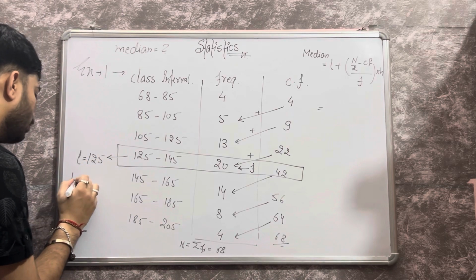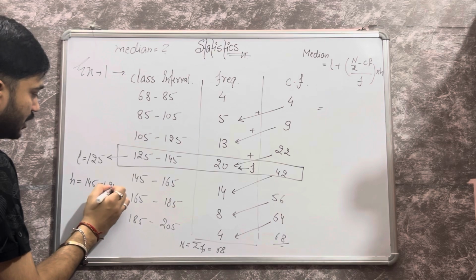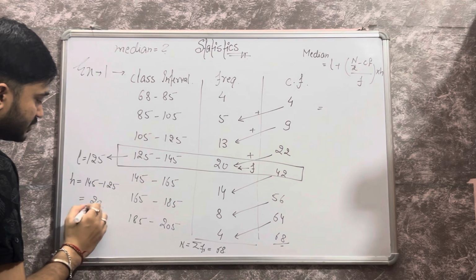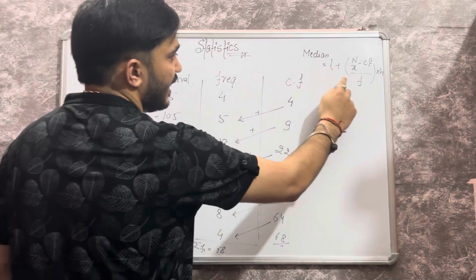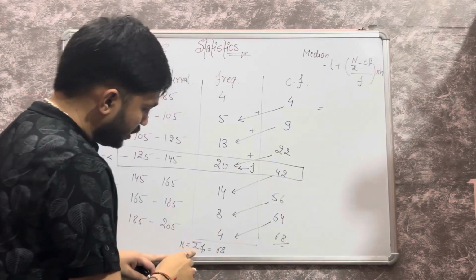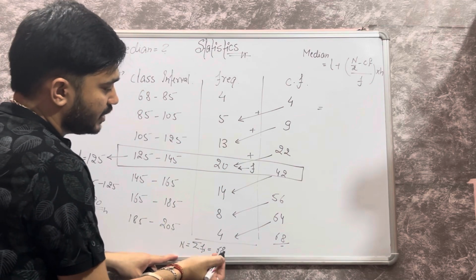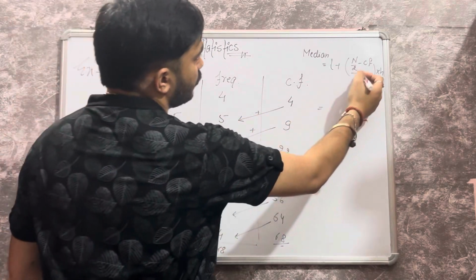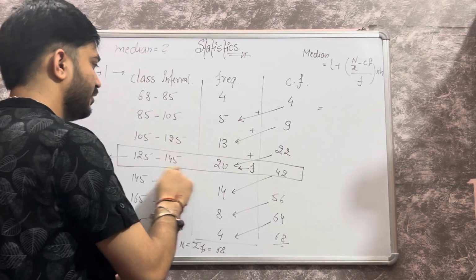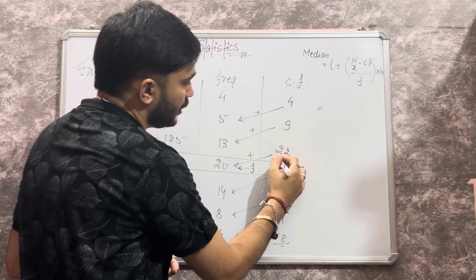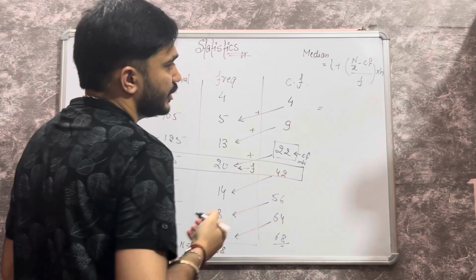We already know how to find H: subtract the lower class limit from the upper class limit and you get 20 as H. Now n by 2 is 68 divided by 2, that is 34. Now we have to know the cumulative frequency. See the highlighted bar we have made. The value above it is known as the cumulative frequency. This will be our cumulative frequency.